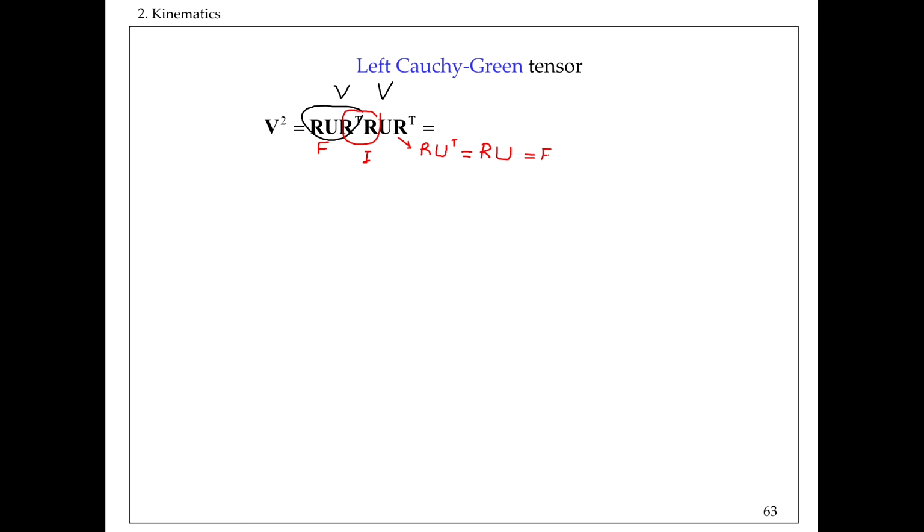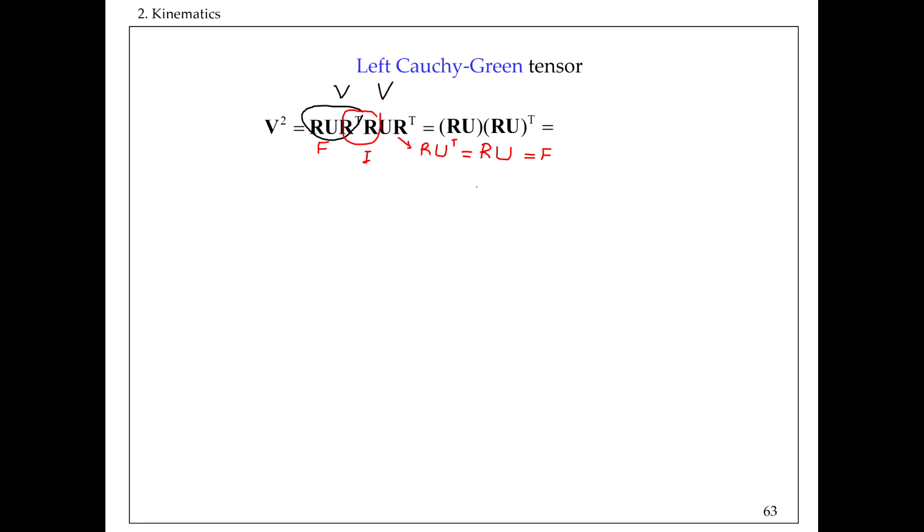But we cannot simply come here and say, okay, this is F. So we need to transpose that. Either this is equal to F, or this whole thing, UR transposed, is equal to F transpose. Or basically we can just say, let's write this UR as RU transposed, and that will be correct.